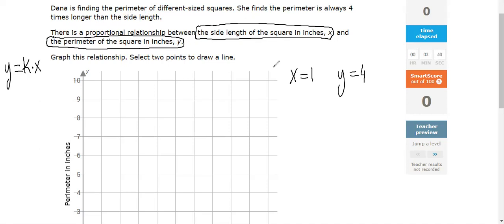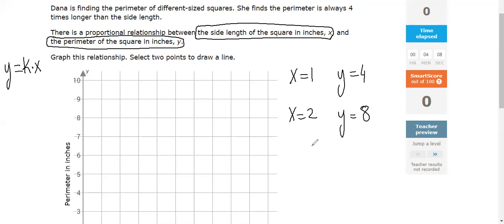If the side length is 2, then we multiply this by 4 because it says 4 times longer. It's going to be 8.